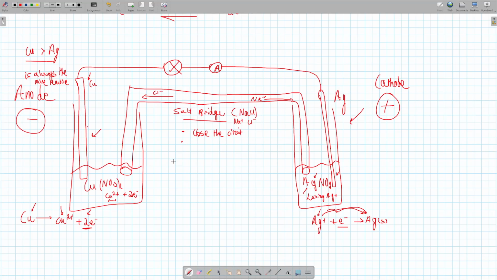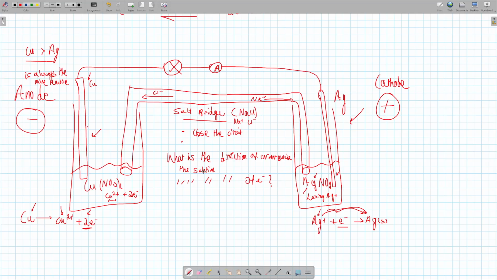Then they ask you, what is the direction of current outside the solution? And then they say, what is the direction of electrons?